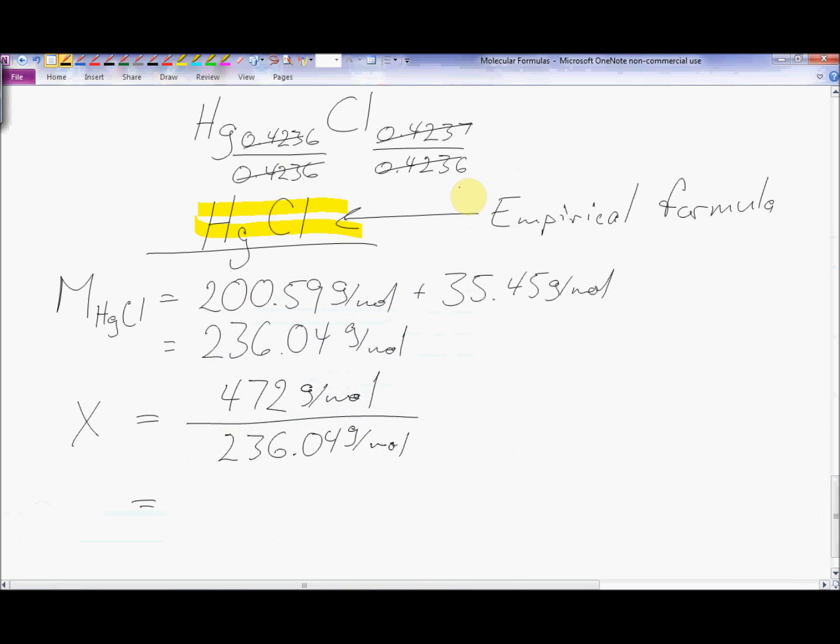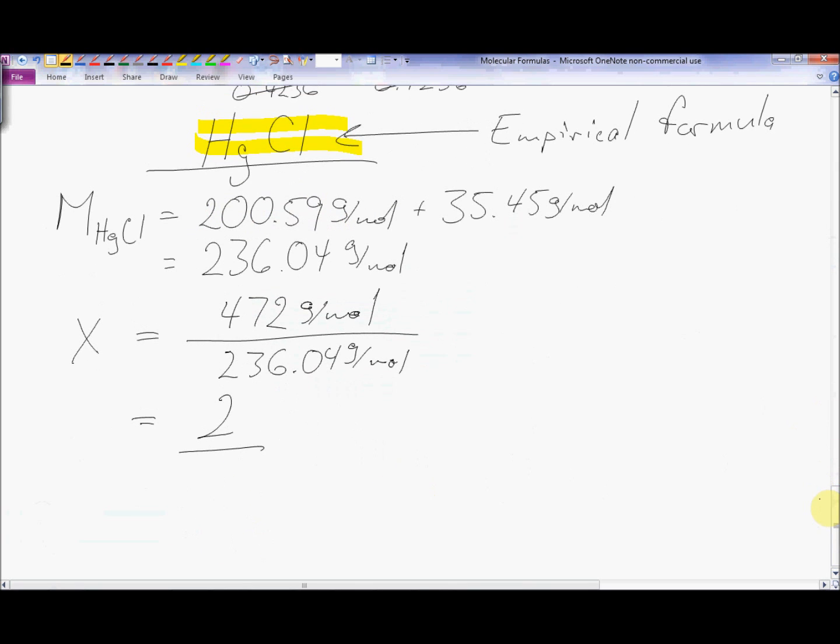So therefore, our molecular formula is Hg2Cl2.